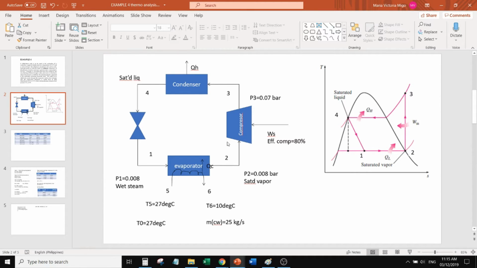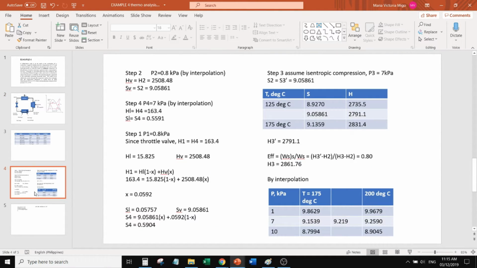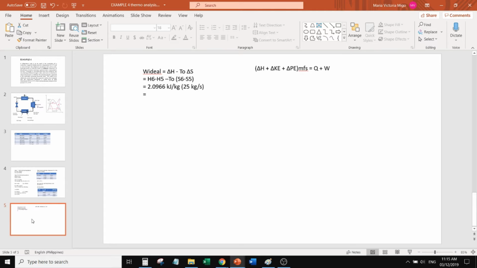But we can have a basis of per second, or in terms of kilojoules per second, or power, since the time is the same for both streams. Okay, so since we have two streams, we need to have the same basis for both, and it cannot be mass. So 2.4146 per second. Okay.